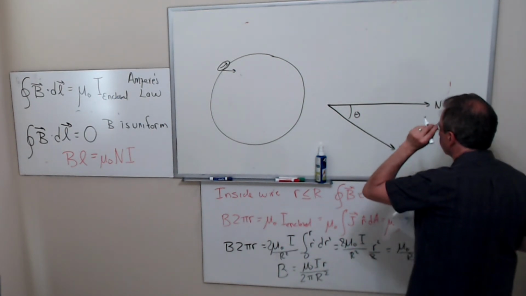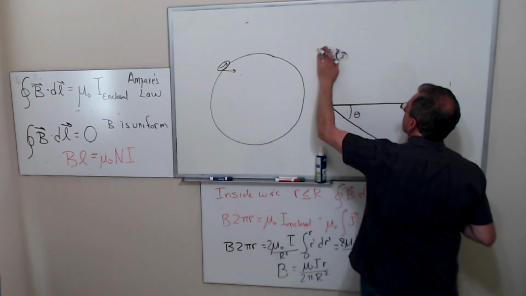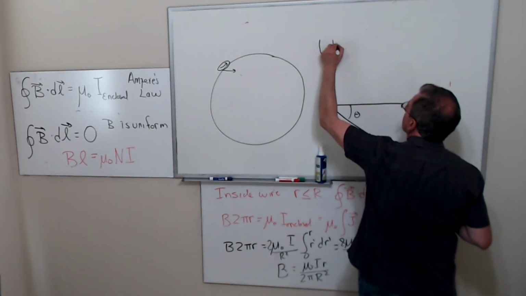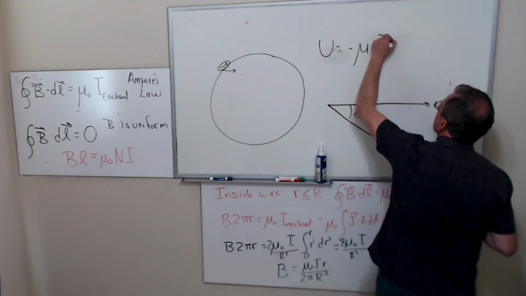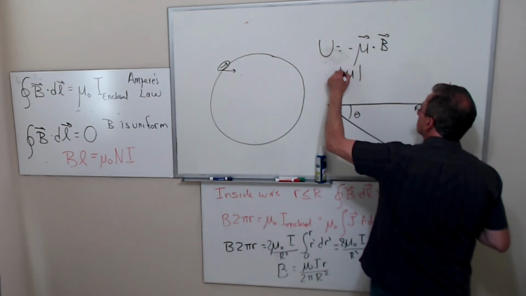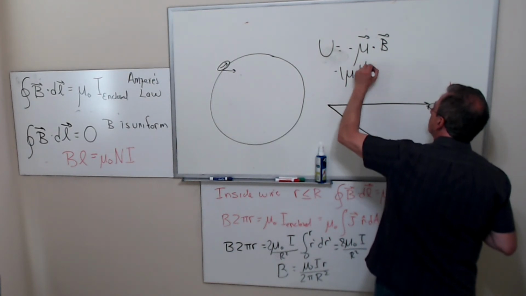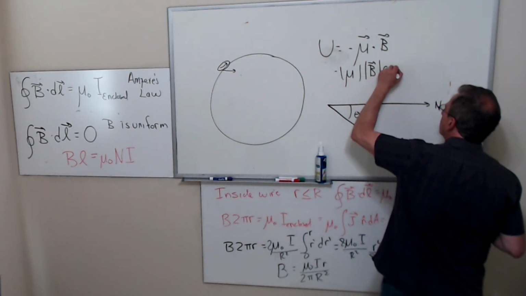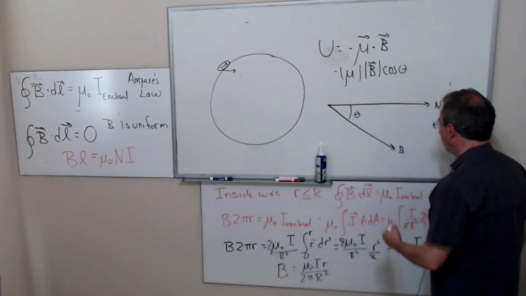So the potential energy for the compass needle is going to be U equals minus mu dotted with B. It's going to be minus the magnitude of mu times the magnitude of B times the cosine of the angle between these two vectors.